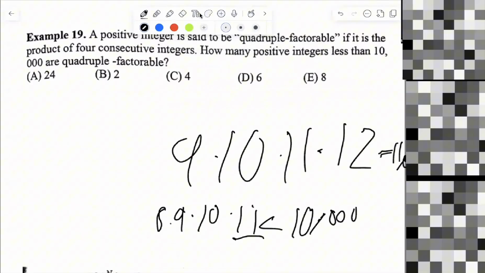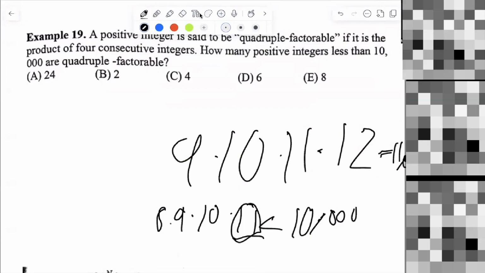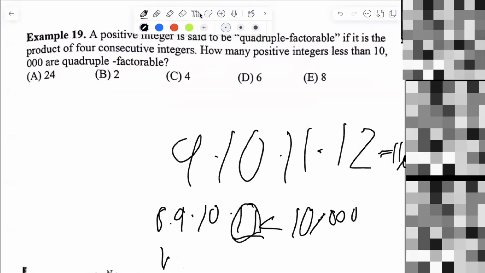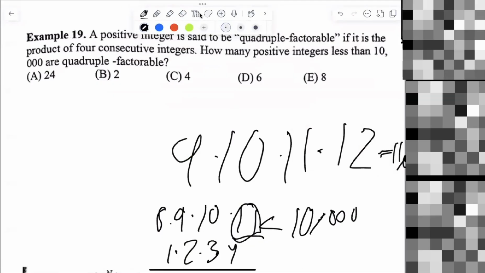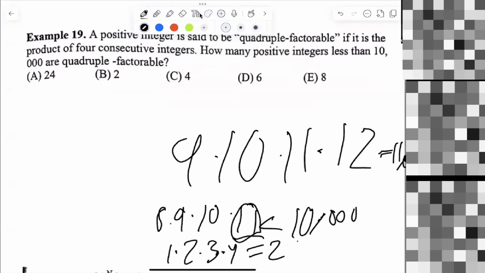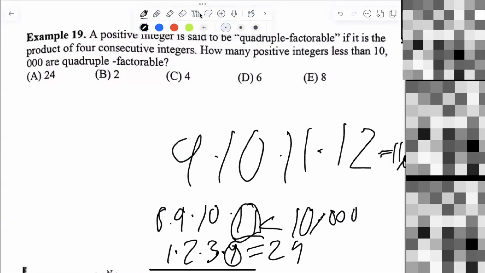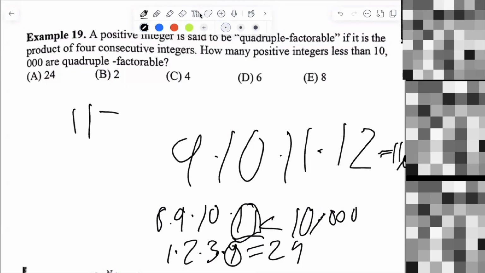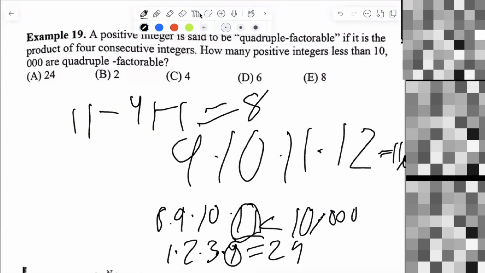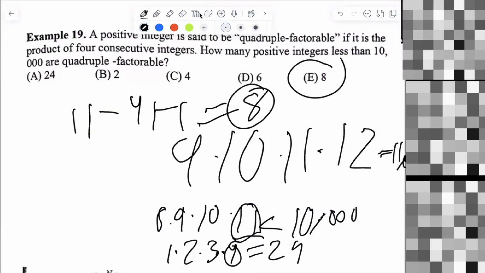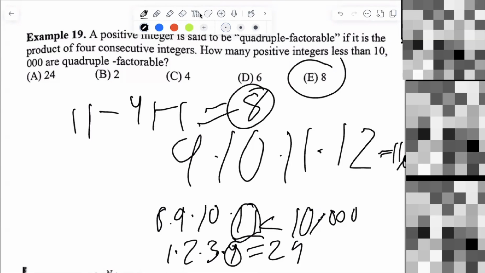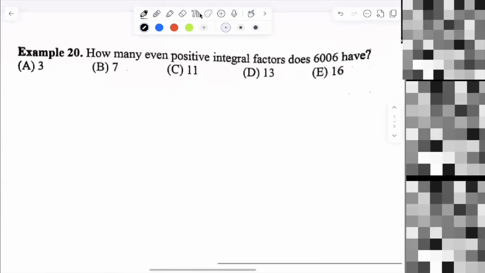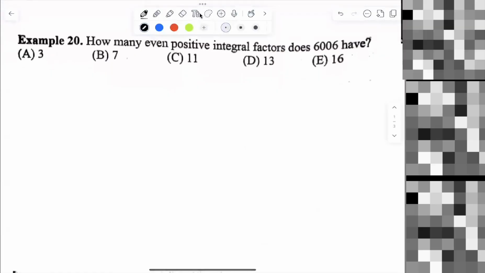We consider the greatest numbers in each of these quadruples. Then we have 1 times 2 times 3 times 4, which is the least. This is equal to 24. So 4 is the least greatest number. So it'll be 11 minus 4 plus 1, or 8 as our answer. There's 8 possible positive integers that are quadruple factorable. Right?